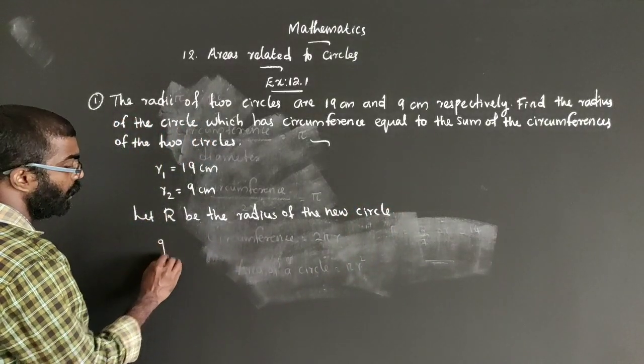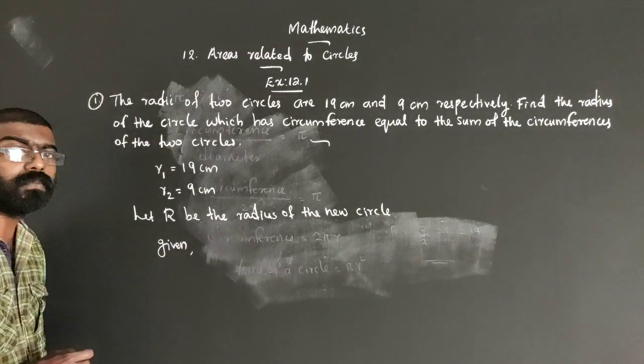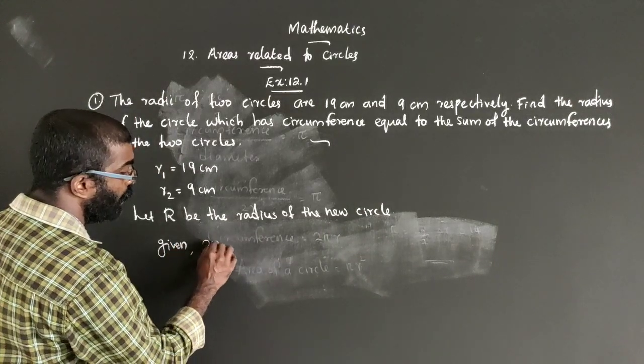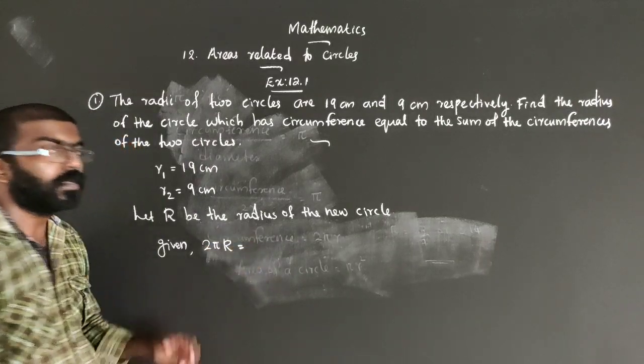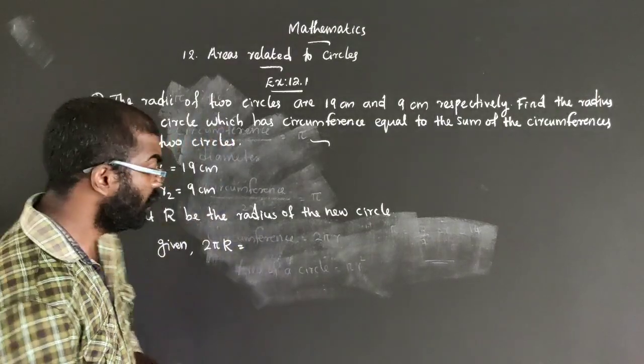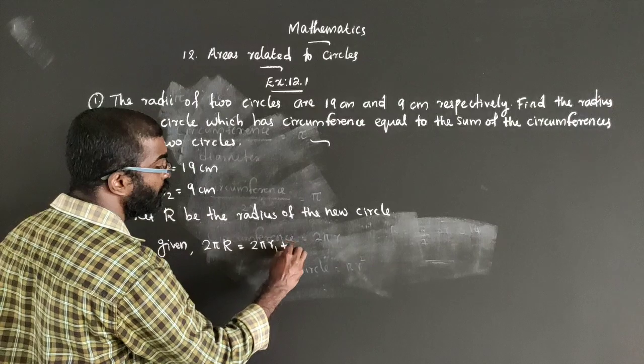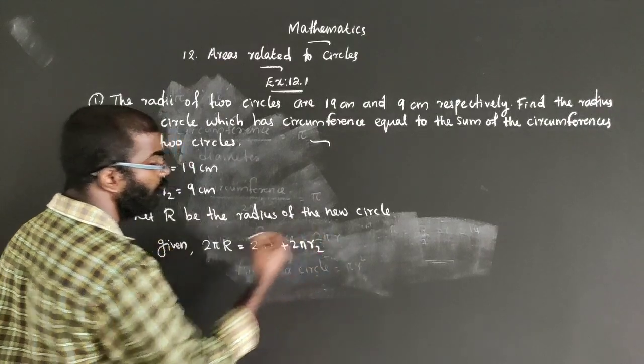Okay, it is given that the circumference of the new circle, you know the formula, 2 pi r. So 2 pi capital R is equal to the sum of the circumferences of the two smaller circles. That we can write as 2 pi r1 plus 2 pi r2.